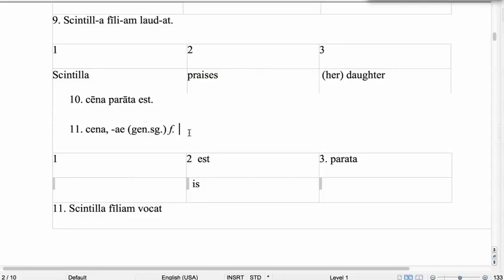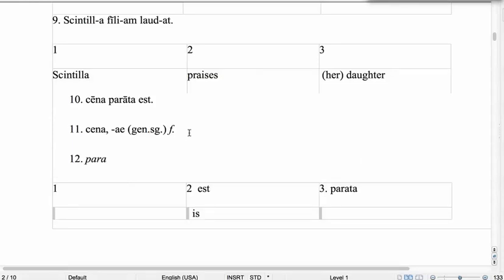That means it's a noun. Parata, if you look it up in the dictionary, will say paratus, then followed by an A, then followed by a UM. And that means it's an adjective.